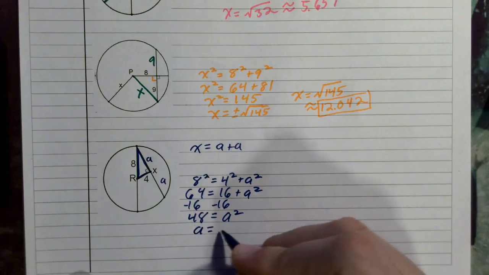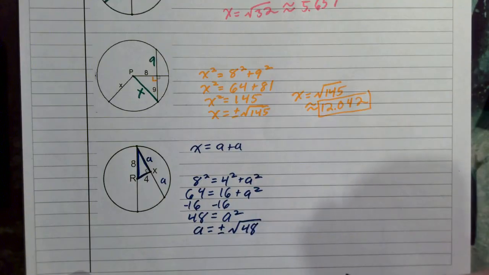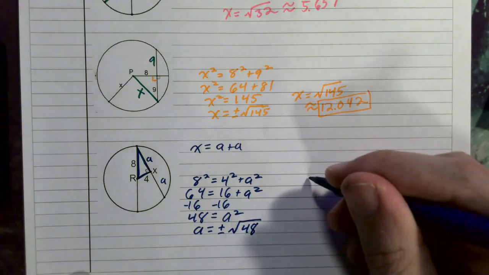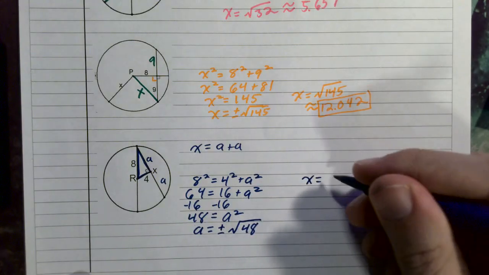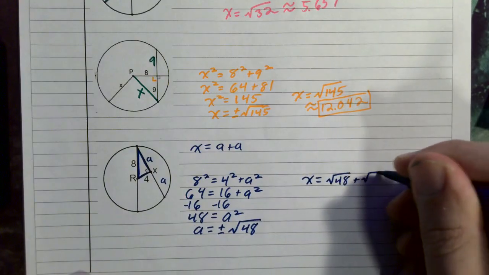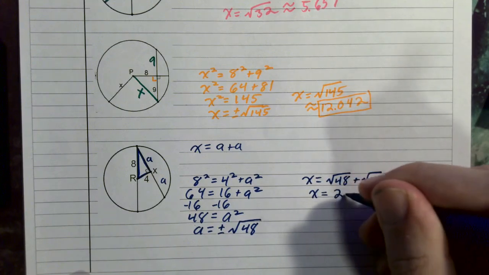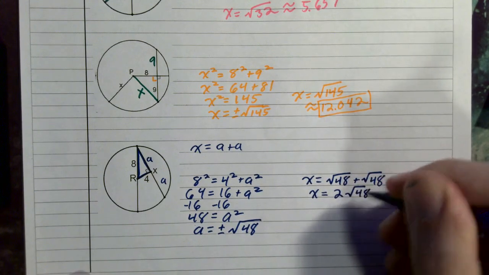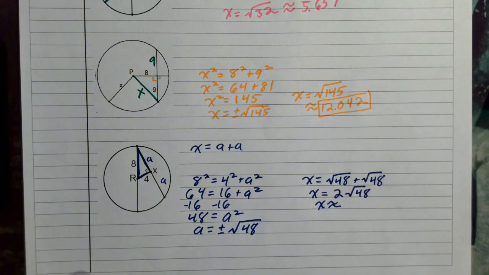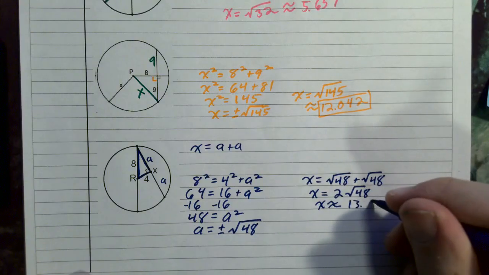So a equals plus or minus the square root of 48. Really, we just want the positive case. So the x side that we're looking for is going to be the square root of 48 plus the square root of 48. So x is 2 square roots of 48, but we could type that into our calculator and get a nice approximation, which is 13.856.